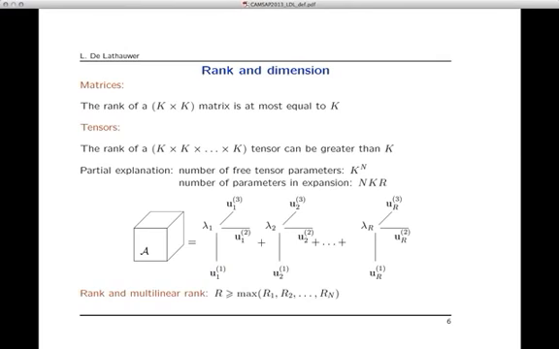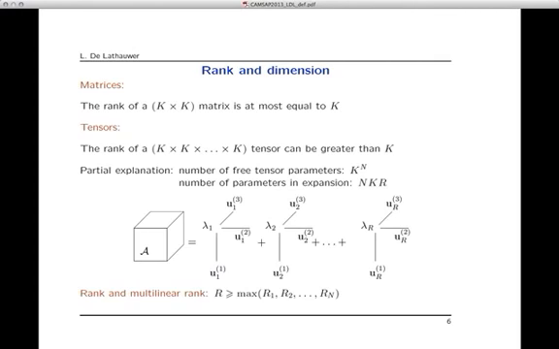For instance, for matrices, if you have a square matrix, the rank is of course at most k, at most the dimension of the matrix. For tensors, that is not true. The number of rank 1 terms that you need for a k by k by k tensor can be greater than k. It's already strange. It's actually not strange when you think about it.